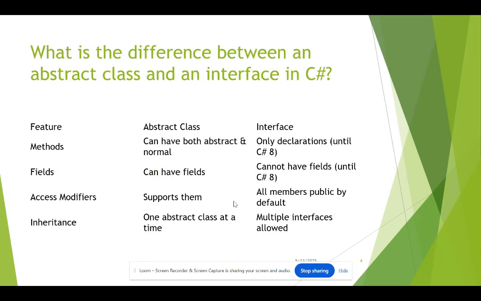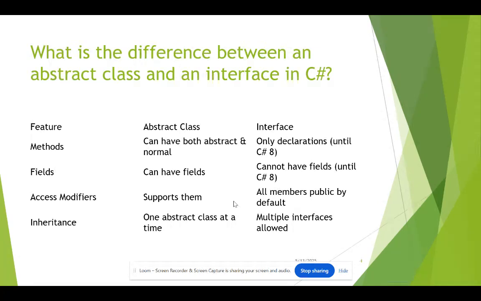Next is, what is the difference between an abstract class and an interface in C Sharp? These are a few of the basic differences. An abstract class can have both abstract and normal methods, whereas an interface can have only declarations until C Sharp 8 version. Regarding fields, abstract classes can have fields, whereas interfaces cannot have fields.